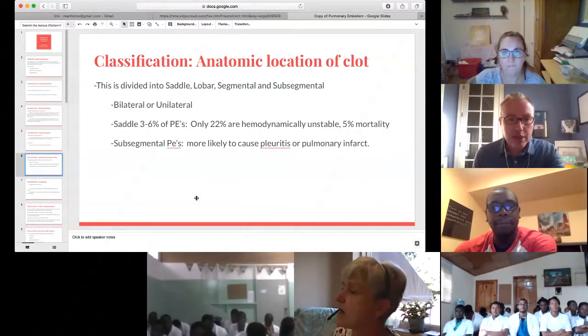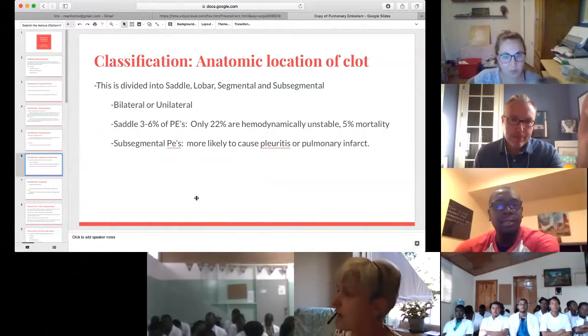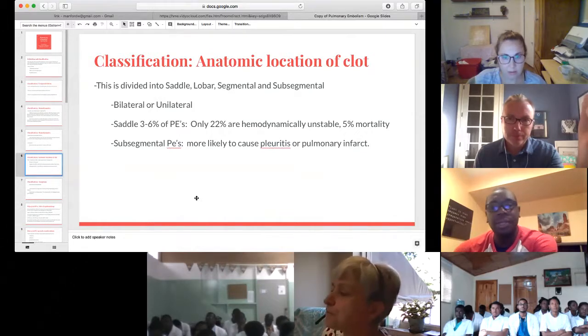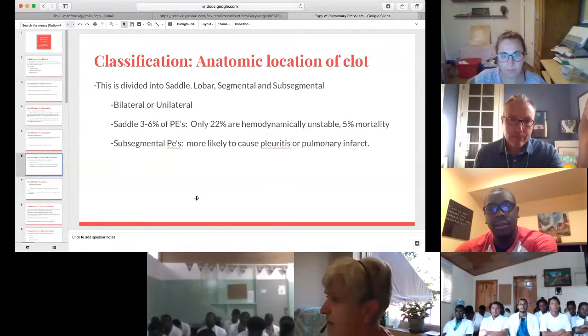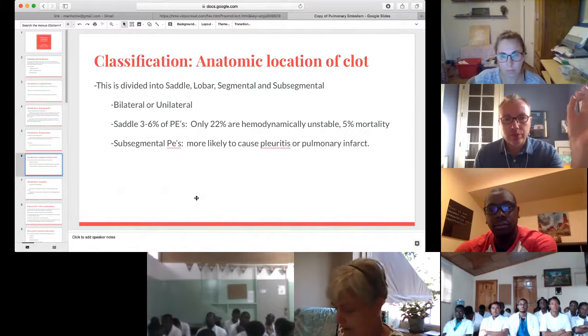So as we were talking about saddle PEs earlier, they represent 3 to 6% of all PEs. L'embolie pulmonaire en selle représente 3 à 6% des embolies pulmonaires en général. However, only 22% of these are hemodynamically unstable.